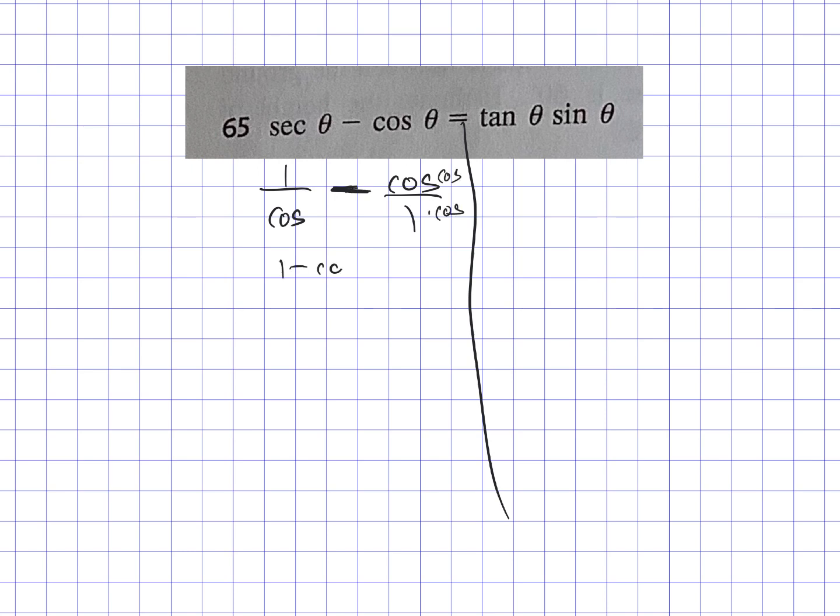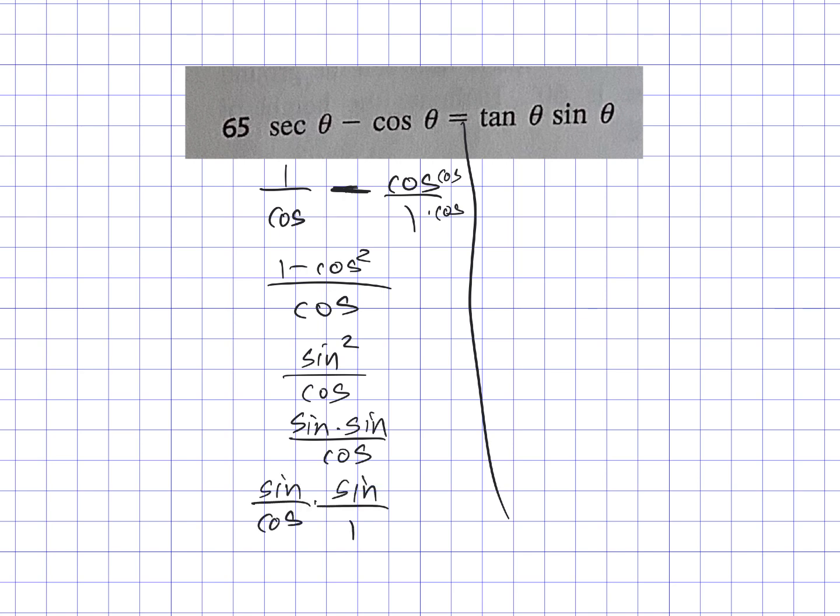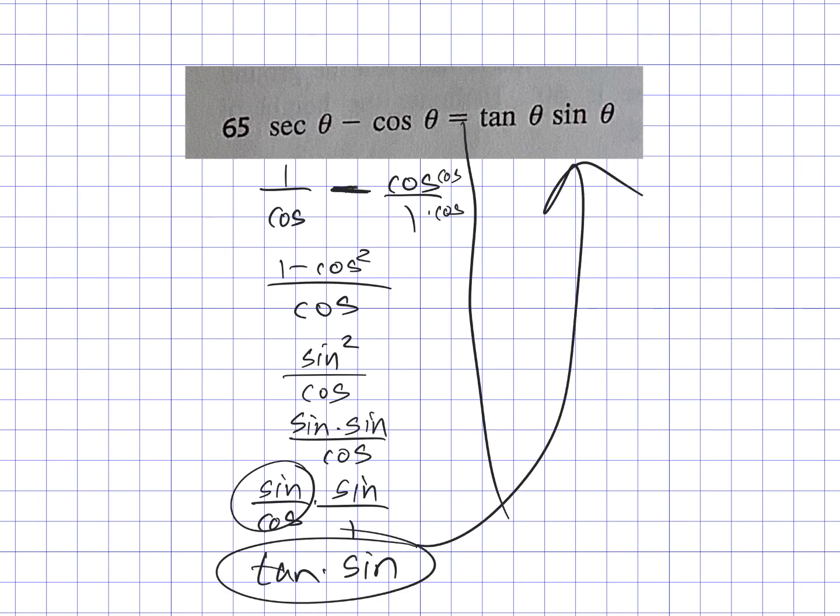So 1 minus the cosine squared of theta all over the cosine. Well, 1 minus cosine squared is sine squared. And if we split the sine up, sine over cosine times the sine over 1. Sine over cosine is the tangent, times the sine. And that's what we have.